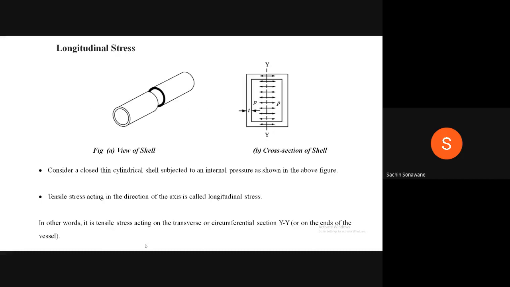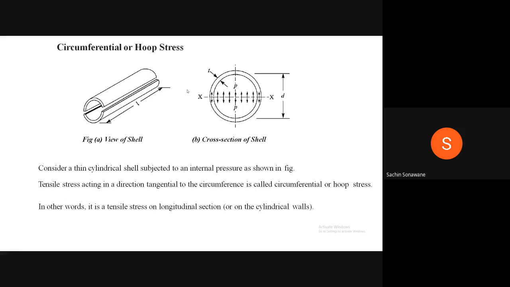Now, longitudinal stress. This is the view of the shell. If you observe carefully, because of the circumferential or hoop stress, failure of the pressure vessel takes place along the horizontal axis.